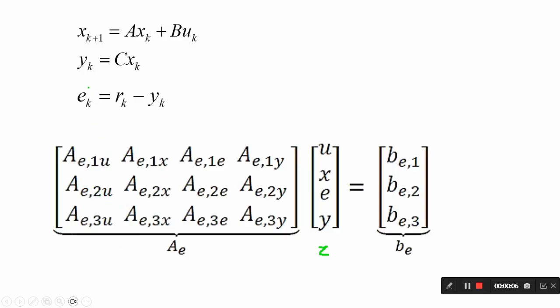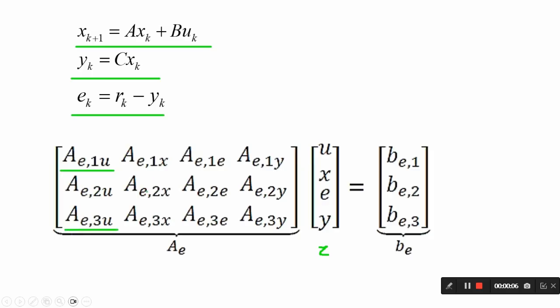From the first linear equality constraint, I will write AE1, for the second row, I will write AE2, from the second equality constraint, which is this one, and similarly we will have AE3, which shows that it is from this third equality constraint.